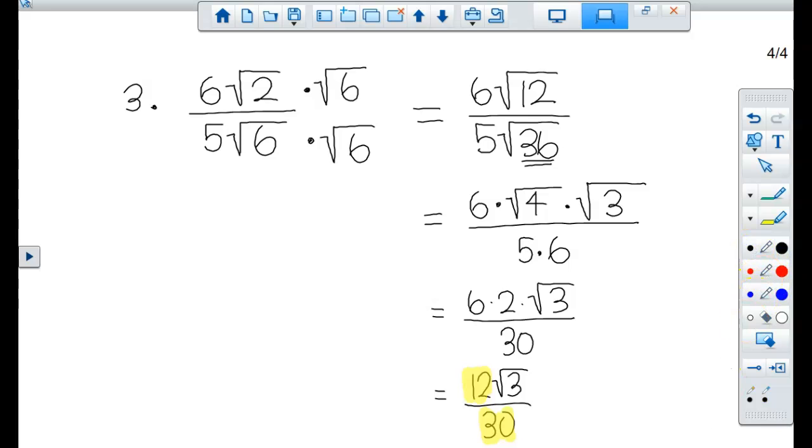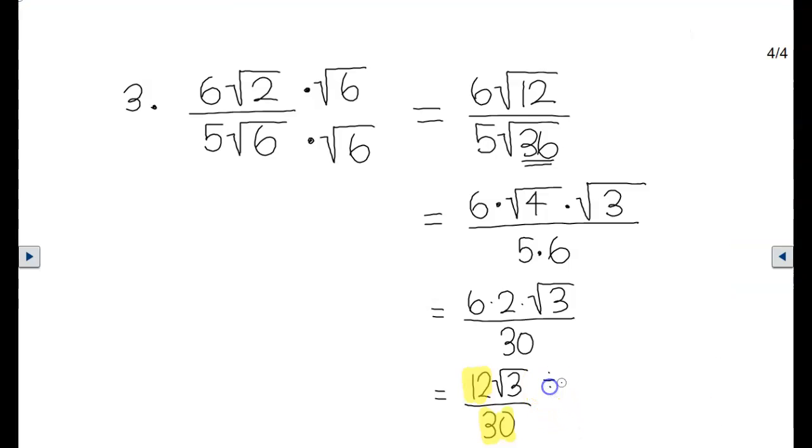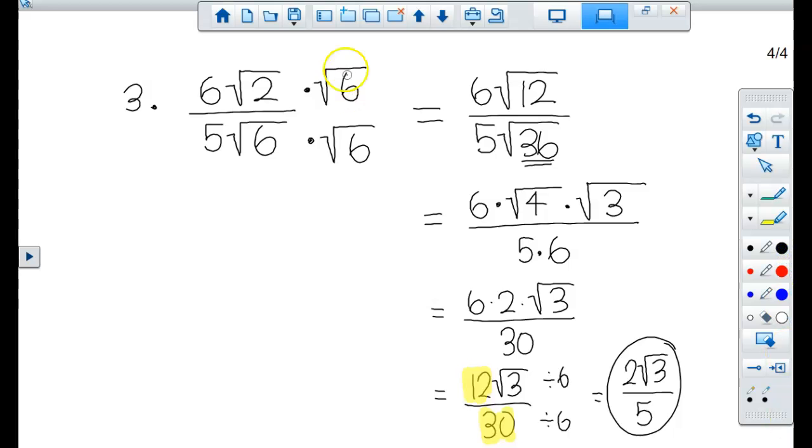Is there something that will go into both of those? Both of those are divisible by 6. So 12 divided by 6 makes that 2 square roots of 3. 30 divided by 6 gives me 5. So 2 square roots of 3 over 5. All right, so that gives you 3 of those to go on.